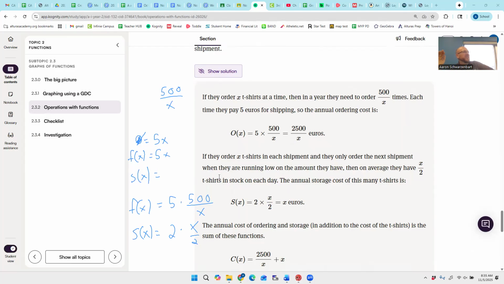So if you order 50, on average, you're storing 25. Does that make sense? That's how they're getting it. I think that's kind of a stretch. I don't understand how people are getting to it, but that's okay. It's approximating that if you order 50 shirts at a time, on average, you have 25 in stock. So that's half of the shirts you ordered.